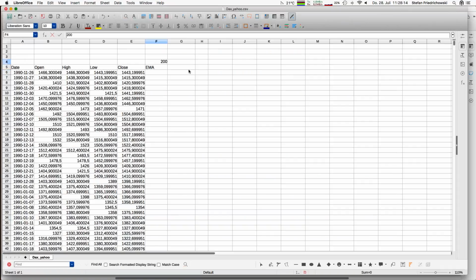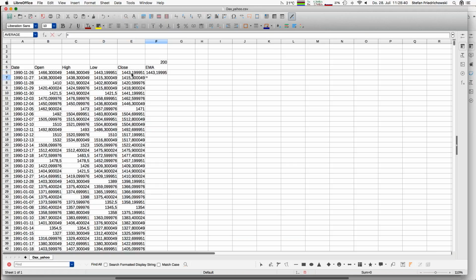Let's assume we have a 200 period for EMA, and now we need a first value. That's always a little bit tricky with the EMA because your history starts somewhere, and for the first value you simply take the close value because you don't have any other information. So as the first EMA, we use the close value itself.